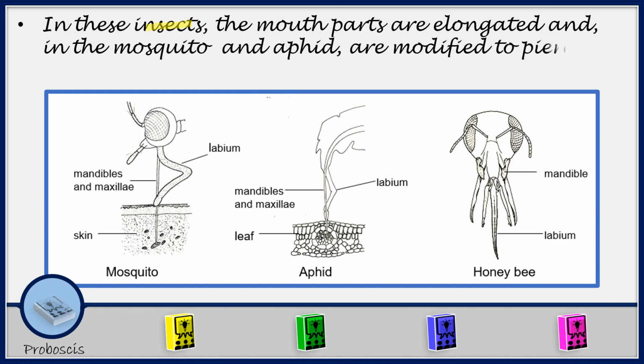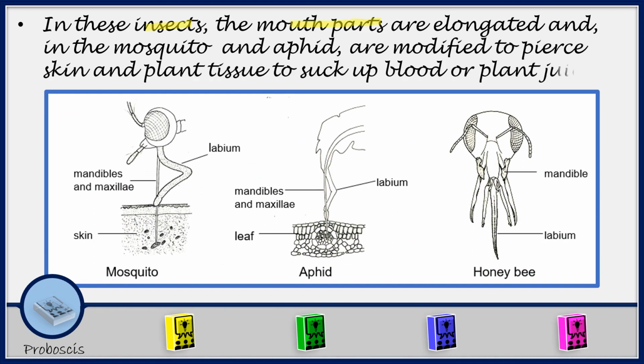In these insects, the mouth parts are elongated. In the case of the mosquito and the aphid, they are modified to pierce skin and plant tissue, to suck blood and plant juice respectively.